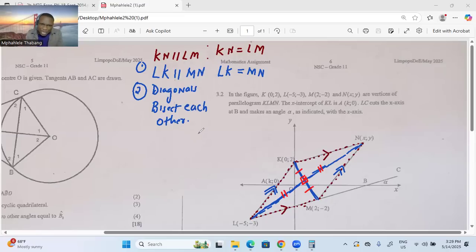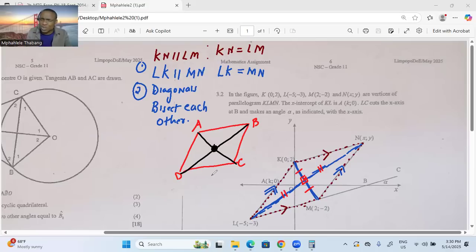If I give you a diagram and say this is a parallelogram, let me say A, B, C, D. The diagonal DB bisects the diagonal AC, which implies that the midpoint of AC is also the midpoint of DB. So the diagonals have the same midpoint.